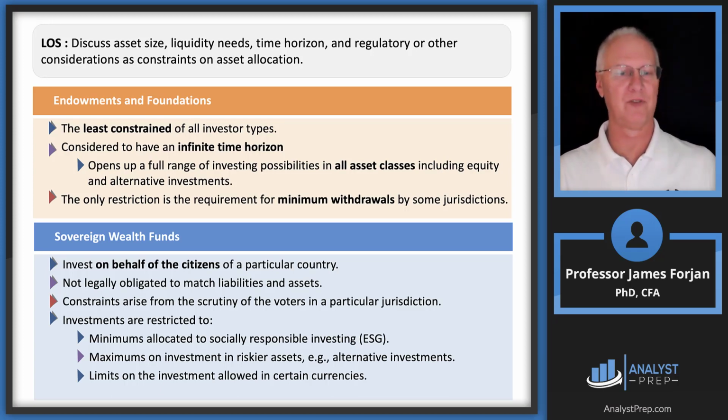They invest on behalf of the citizens of a particular country. And so clearly this sovereign wealth fund has decided that creating a new professional golf circuit is going to benefit the citizens of that particular country. So they're really not legally obligated to match liabilities and assets. And so the constraints are typically from the voters.